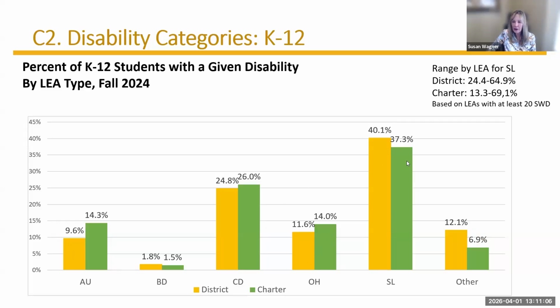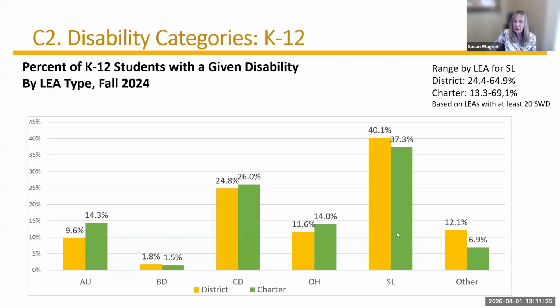And then the other biggest increase, I guess, would be the other category. So everything besides autism, ED, BD, ED, CD, etc. They're more likely to be in a district. So this would be TBI, visual impairment, hearing impairment, things like that.